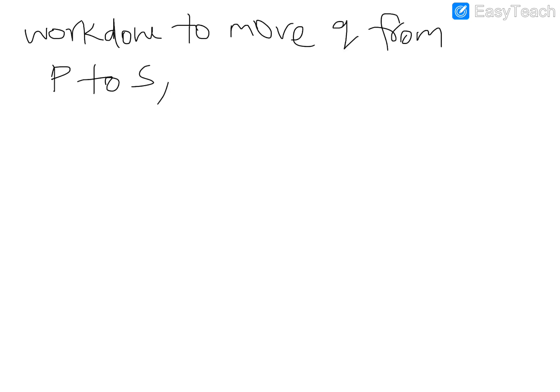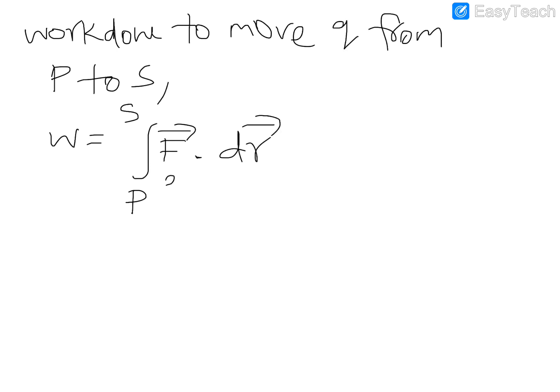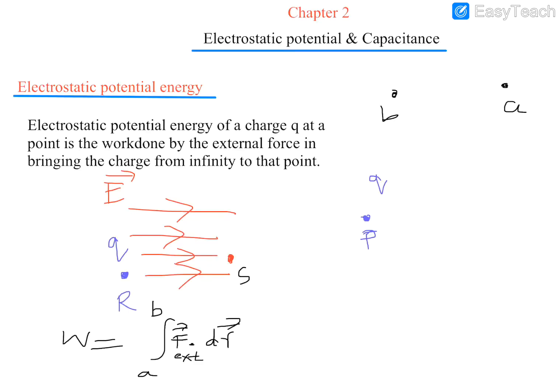First write the equation for work done. What is the equation? Integral A to B, initial point to final point. Here initial point is P, final point is S. F dot dr, here F is external force. Okay, now whatever be the force your electric field is exerting, you need to exert equal and opposite force.